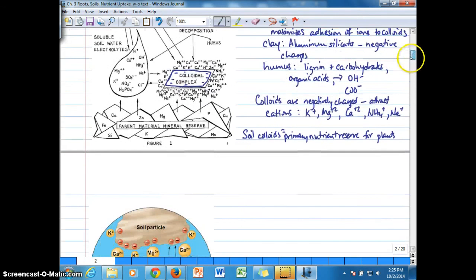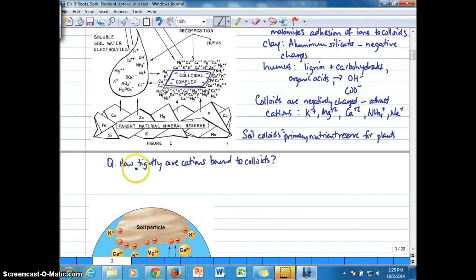So that brings us to the next question, which is basically we want to know how tightly the cations are bound to these colloids. And that is going to vary based on the kind of ion we're looking at. How tightly are cations bound to colloids?